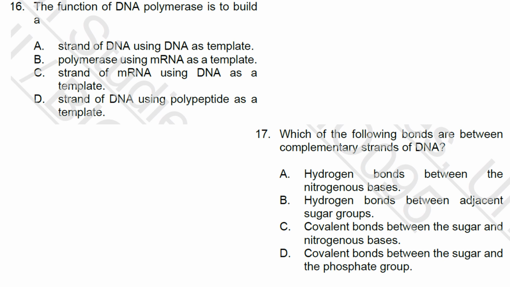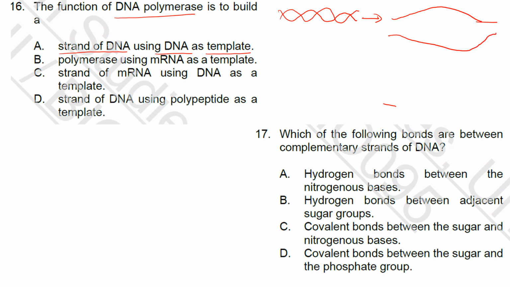Question 16. The function of DNA polymerase is to build a strand of DNA using DNA as template. So during DNA replication, the DNA double helix will be unwound to form a replication bubble.